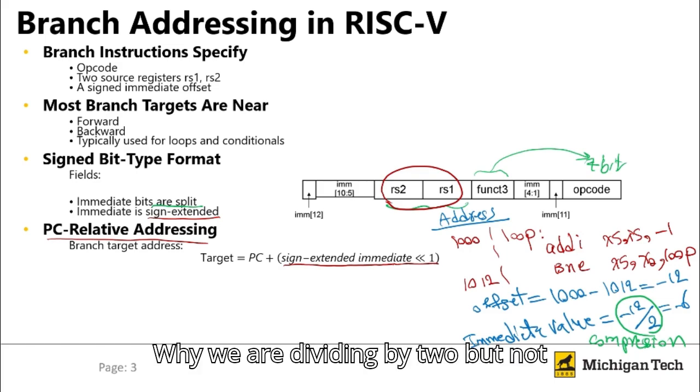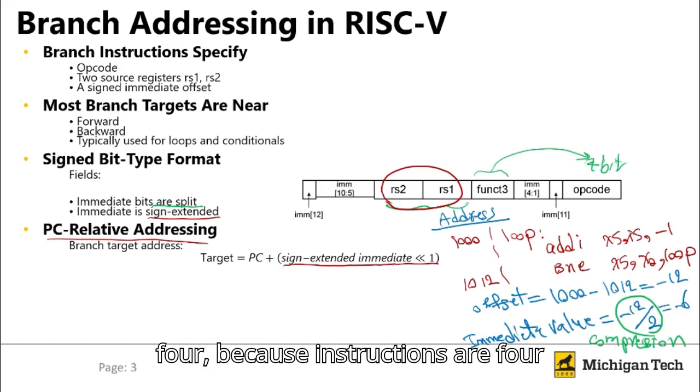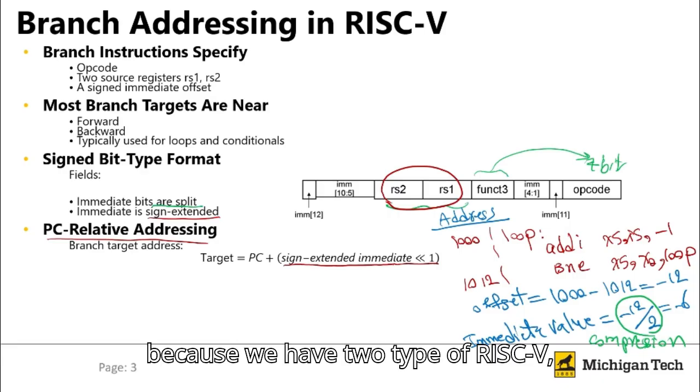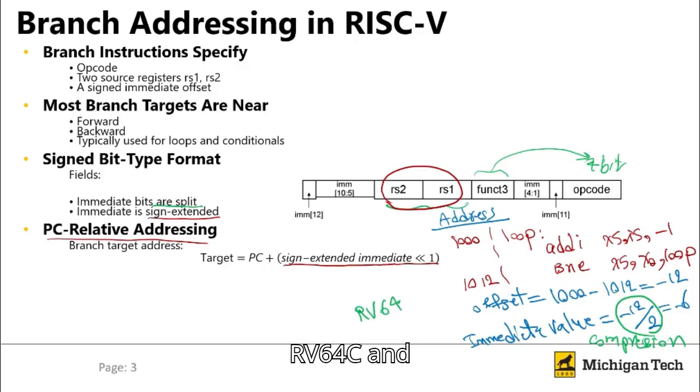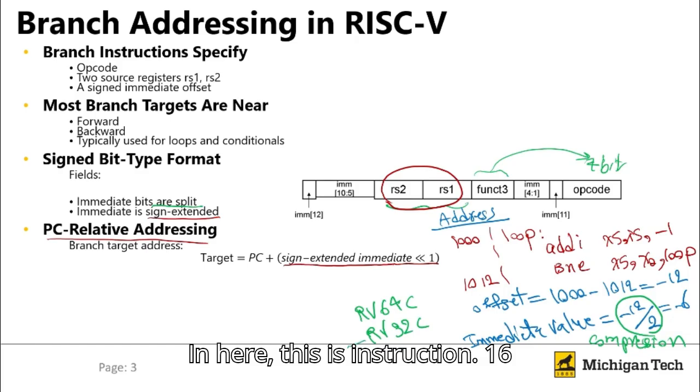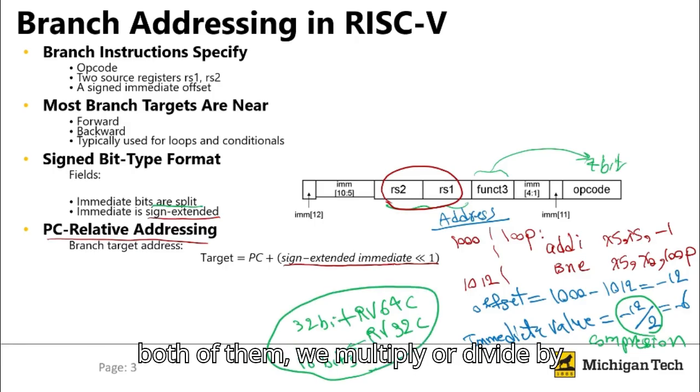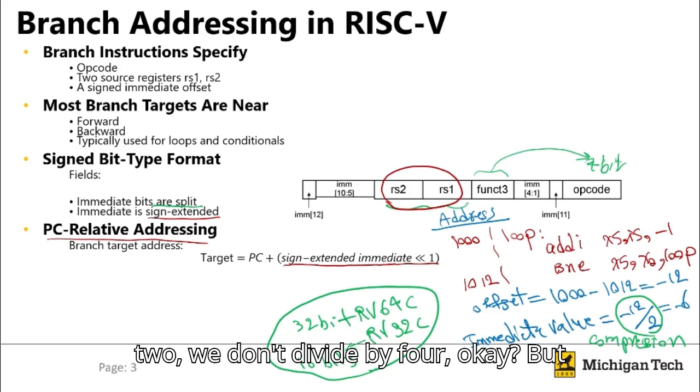Why are we dividing by 2 but not 4? Because instructions are 4 bytes, not 2 bytes. The reason is that we have two types of RISC-V, RV64C and RV32C. In one, the instruction is 16 bits, and in the other, the instruction is 32 bits. Because we want to be compatible with both of them, we divide by 2. We don't divide by 4, okay?